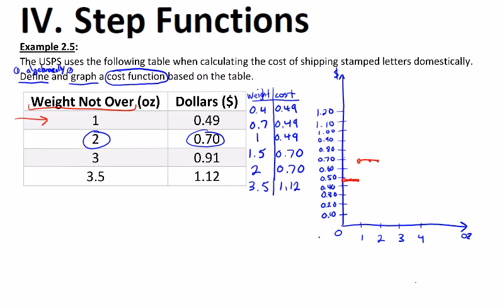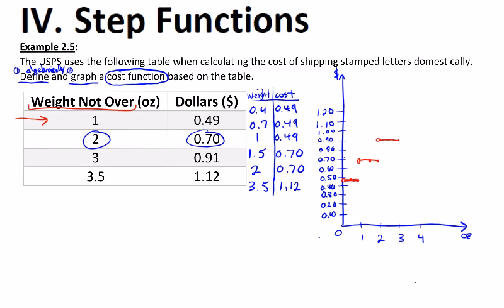So now go to the end of that line, go straight up until you get to 91, and you'll want to put an open circle there. And for this one, we have to realize what the pattern is. The pattern is that everything starting from that open circle all the way until you get to a weight of 3 should cost 91 cents. So we'll start the open circle and mark with a line all the way to 3.